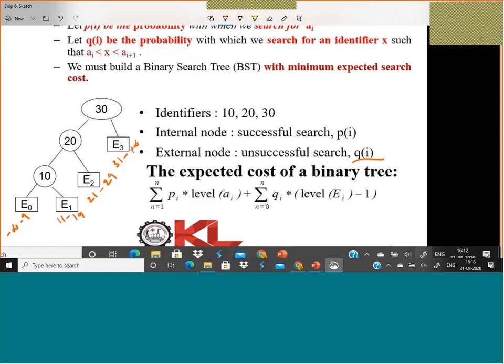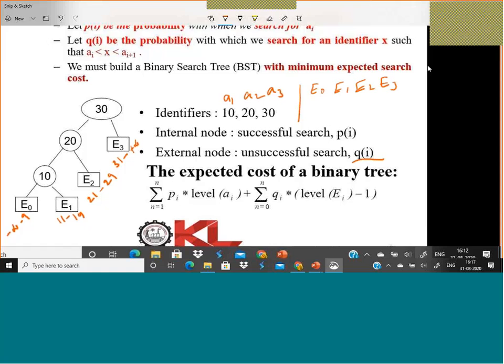Okay. And another one: when there are 3 key elements, how many non-key values or non-nodes are available? Here it is E0 to E3. It means if this is A1, A2, A3, then definitely you should have E0, E1, E2, E3. So there is one more extra virtual node.